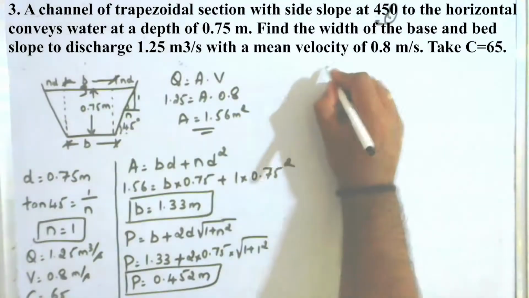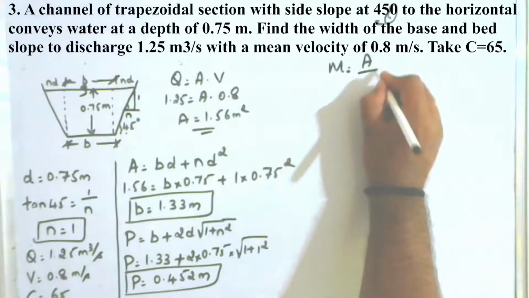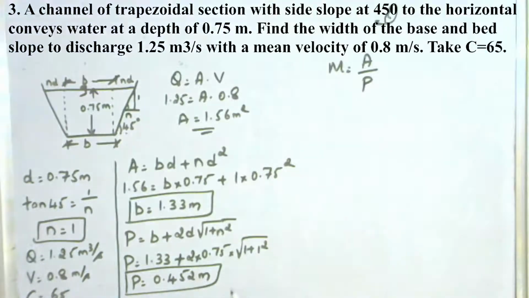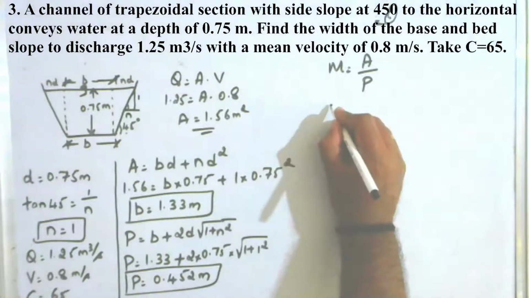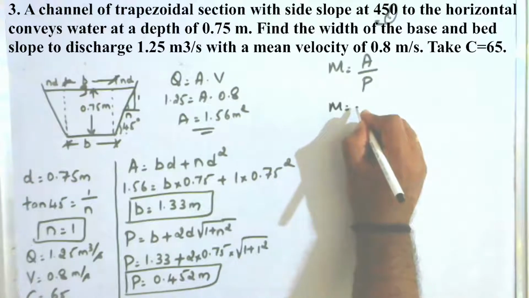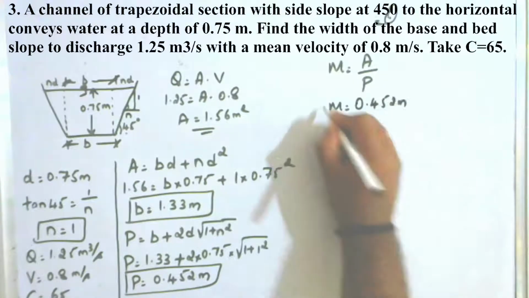Then I can write M, hydraulic mean depth M is equal to A divided by P. If I substitute the value of A as 1.56 and P as 0.452, you will get the value of M, hydraulic mean depth, works out to be 0.452 meters.